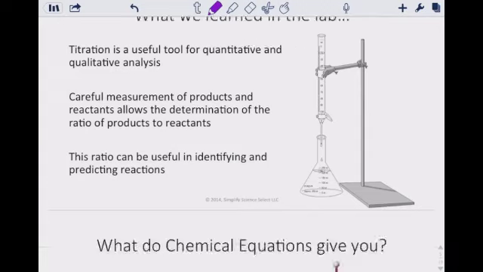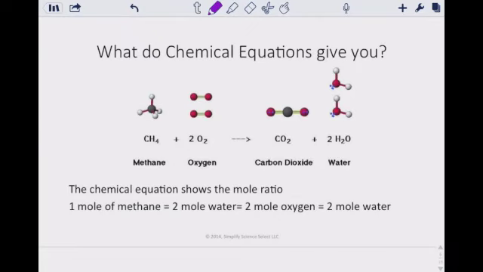So, looking at what do chemical equations give us? When we're looking at this, we know that it gives us all the qualitative information: is it a gas, is it a liquid, is it solid, is it aqueous, is there heat added to it? It gives us that information. But what the chemical equation really does is show us the mole ratio, and this comes from the coefficients.